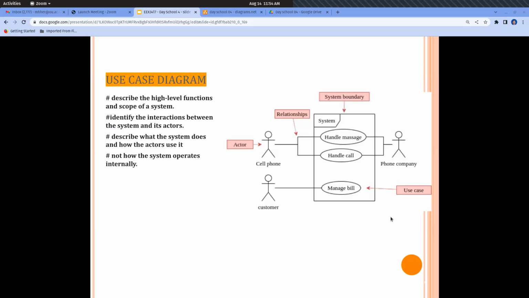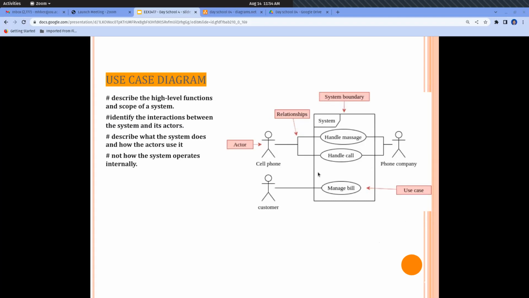Otherwise, the software company will need to implement all the software. That will cost, and the software company will not get any profit. So before that, the system boundary should be made.